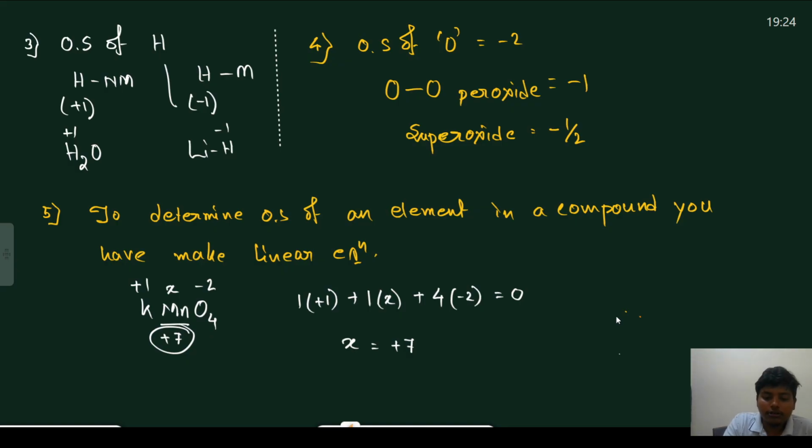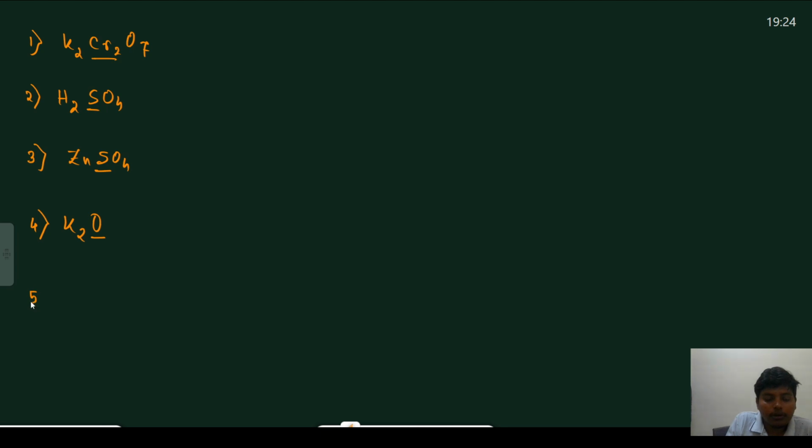Understood how to calculate? If I give you some compounds, can you find the oxidation state? Okay, I'm giving you some compounds. First, K2Cr2O7, chromium. Second, H2SO4, sulfur. Third, ZnSO4, sulfur. Fourth, K2O, oxygen. Fifth, KO2, oxygen.